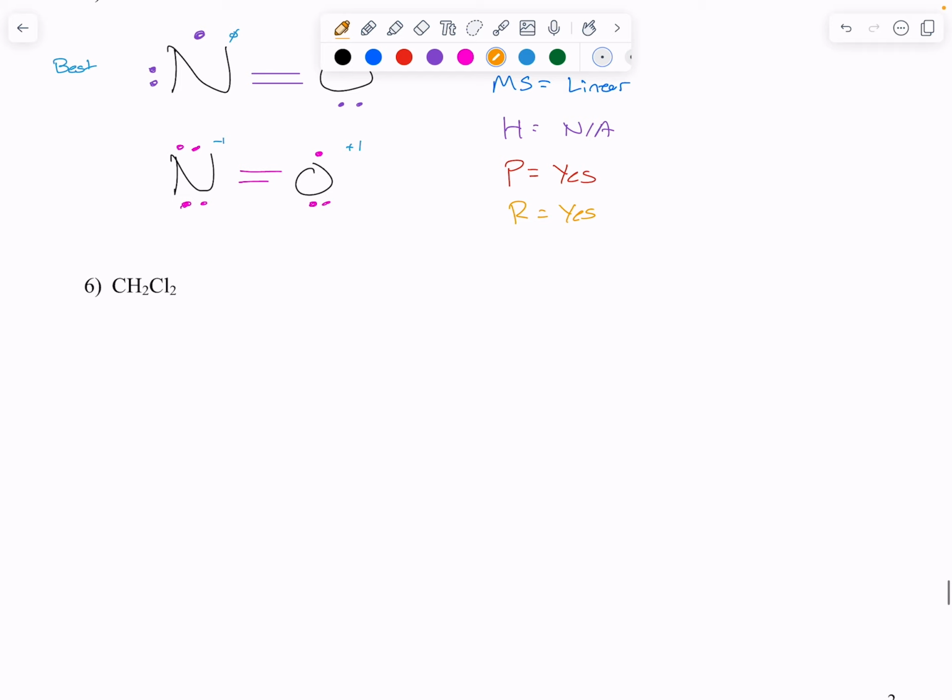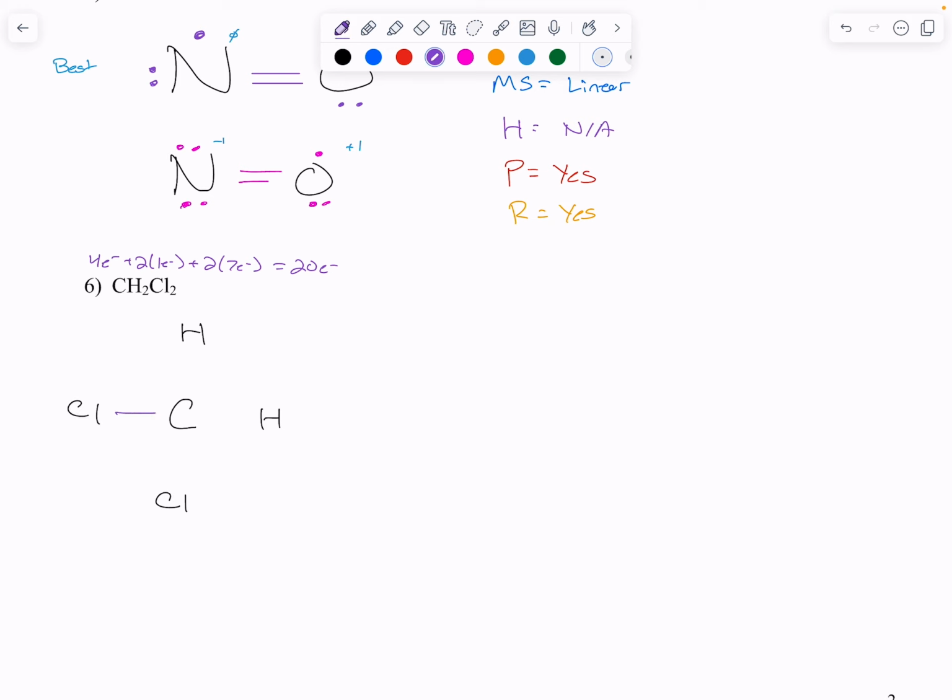All right, dichloromethane. We have 4 electrons plus 2 times 1 electron plus 2 times 7. 20 electrons. Let's see here. C, H, H, Cl, Cl. Let's do something like that maybe.